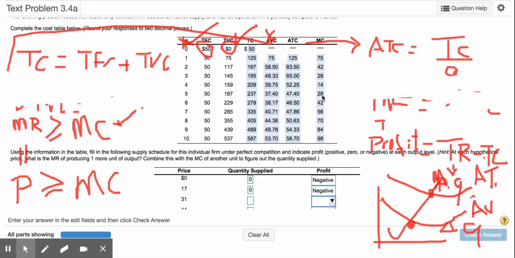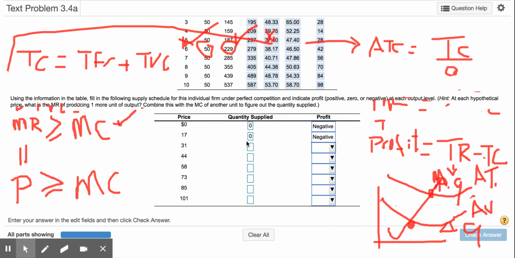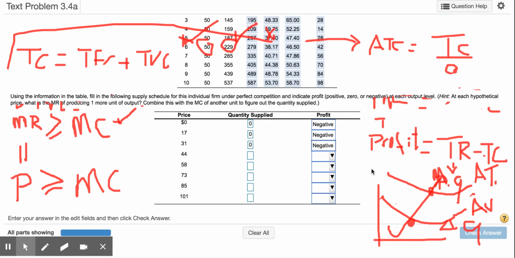Okay. 31 is below both average variable cost and average total cost. So we are still in this area. So again, we should produce 0 and profit would be negative. Profit would be positive right here, right? Still here, profit would be negative, but we produce something. Start producing it here in the short run.